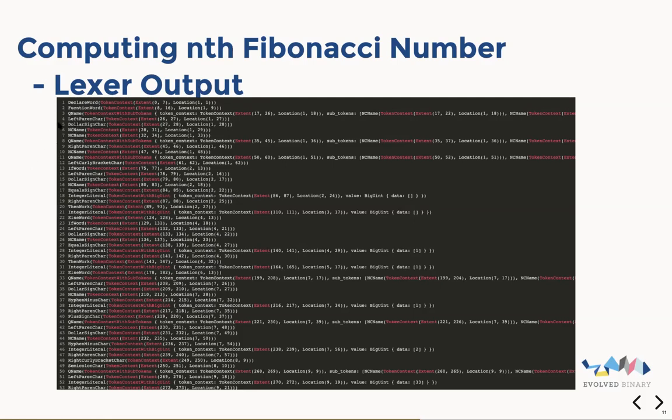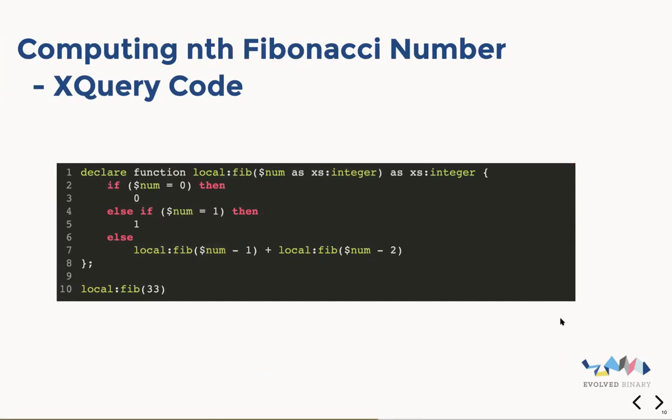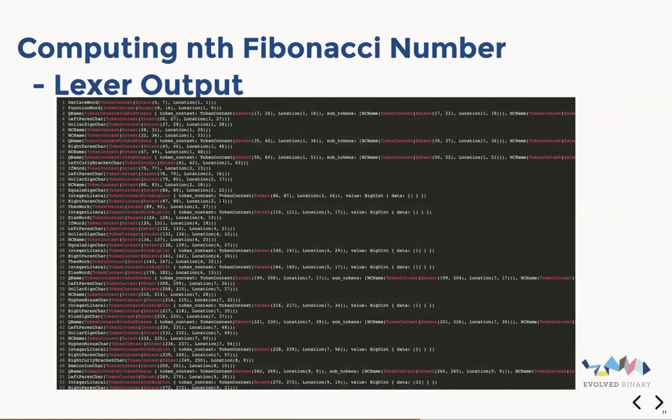The code on this page is the token stream. So this XQuery here, although it's only 10 lines of code, actually produces, with the white space ignored, 53 tokens. With the white space, obviously there's a lot more tokens involved.